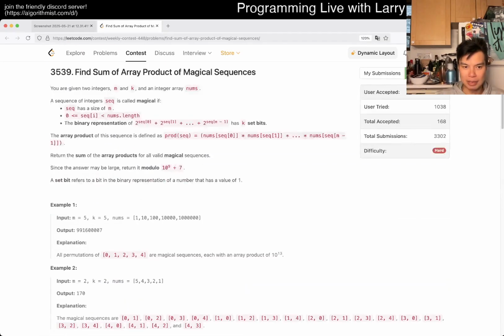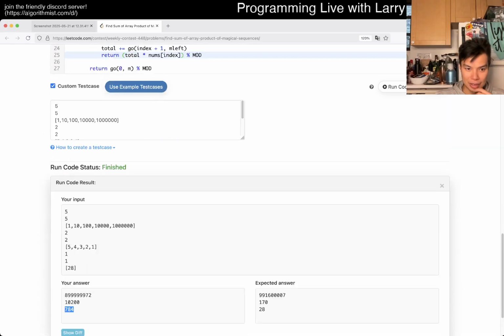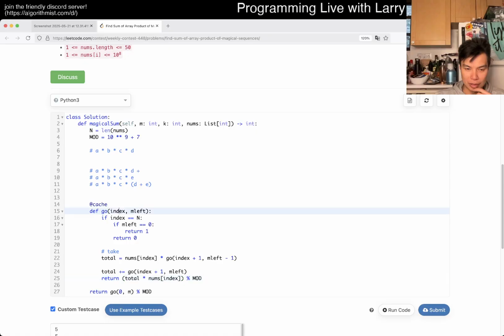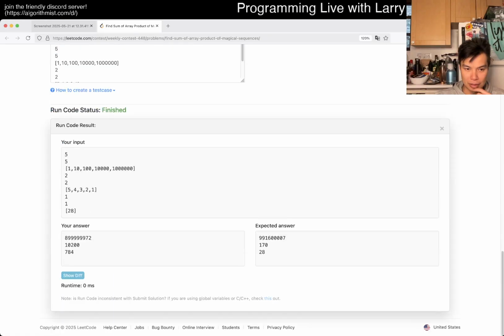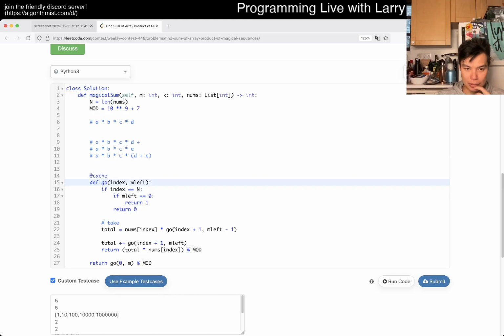Is that right? No, so it's not even right for this. Or even here, 28. So why is that not right though? So index, why is this not right? So 28.